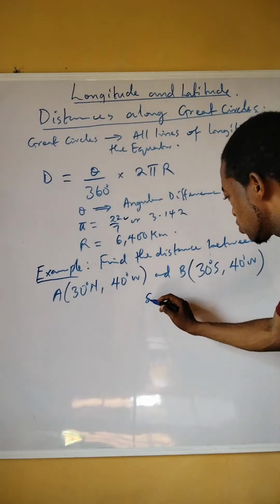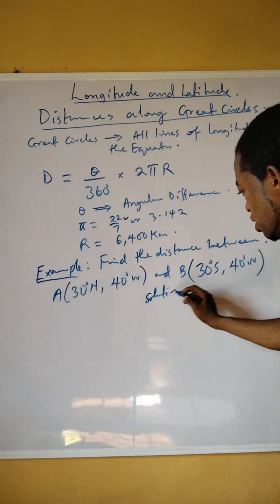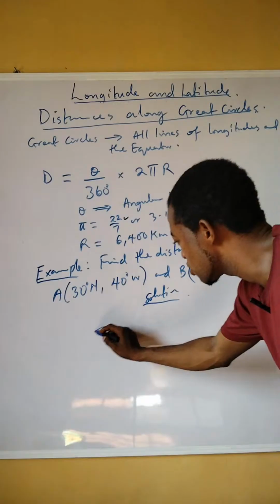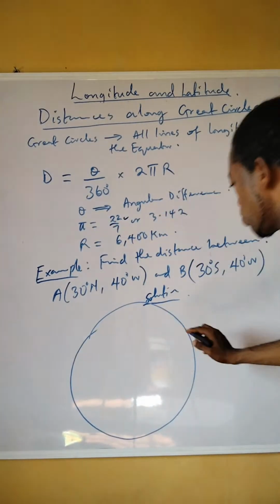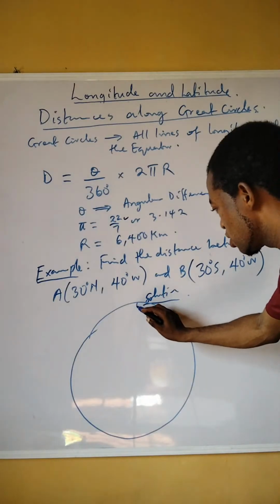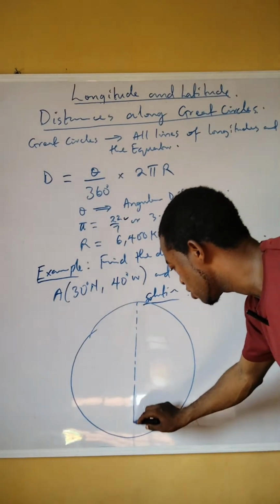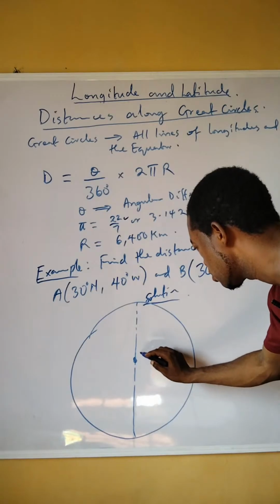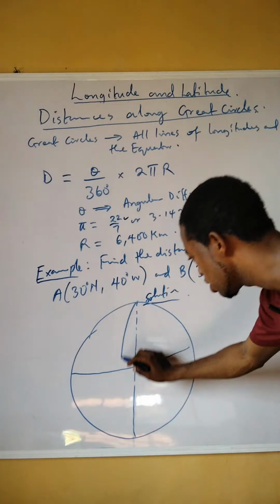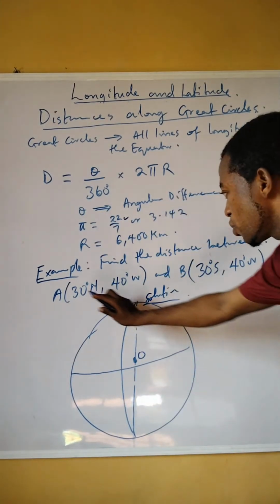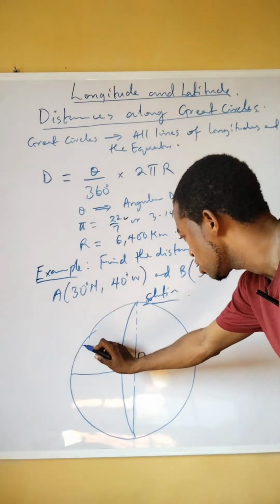Now let's consider the solution here. If need be, we can make a sketch. When we have this on the Earth surface, we can locate these 2 points. Then we have the polar axis, center O, the equator, the Greenwich meridian, GM, and point A, latitude 30 degrees, somewhere here.